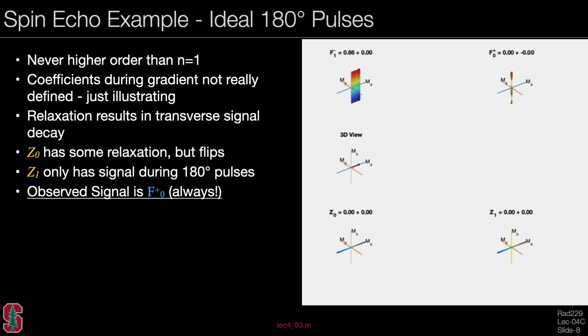You notice that the amplitude of the state at the end is 0.66. It still says F1 in this video because it just moved from F1, but this is really the refocused state, F plus sub 0.